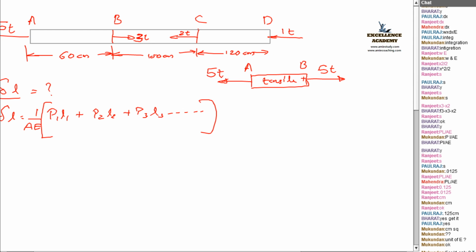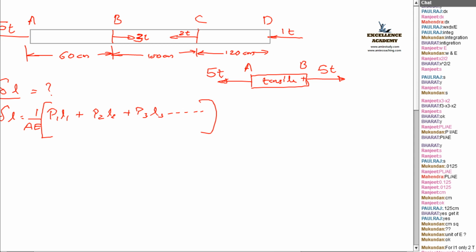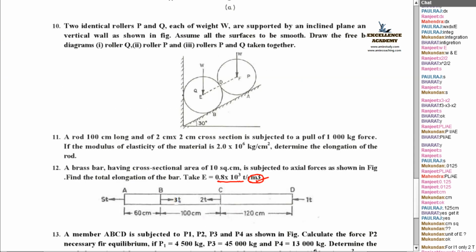For L1 only 2T. Towards B force is 3 ton or 5 ton. Let me check. It is 3 ton there and it is 5 ton there. It is 5. Okay, I shall explain.